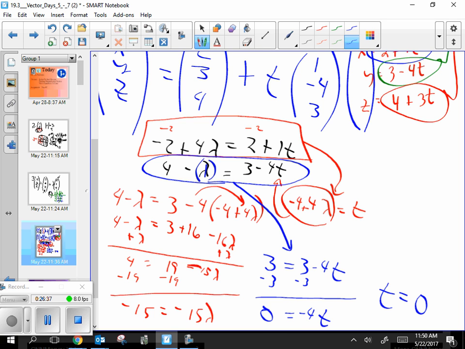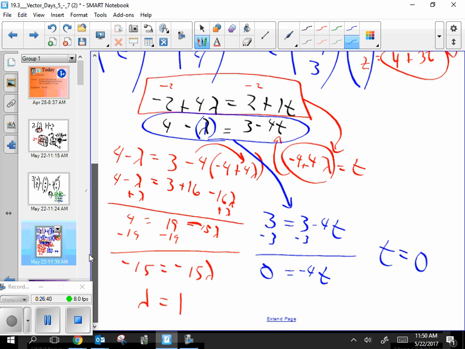I just solved for lambda, and I got lambda equals 1 and t equals 0. Does that seem believable? Considering how you made that other point, it makes sense. You just moved it over 1 time notch. So it makes sense that one of them would be at time 1 and the other would be at time 0. Okay, but we still haven't answered where did they intersect.